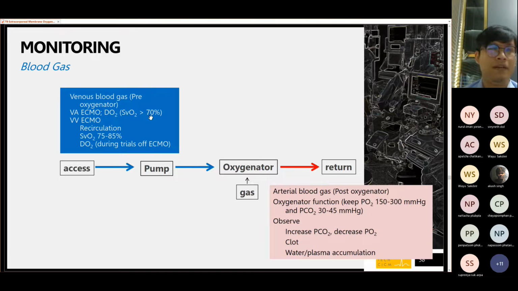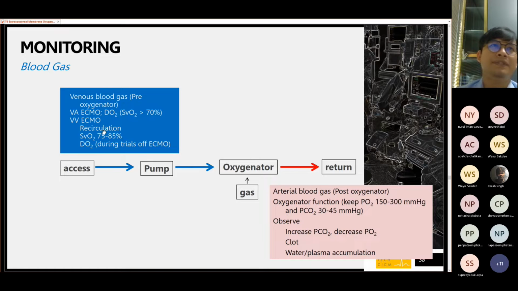For VV ECMO, we use it to observe the recirculation. I will talk about recirculation in VV ECMO later. And SpO2 may be a bit higher than in VA ECMO, because we need to send this blood back to the native lung to help the lung, because the lung is quite failed in action now, right?